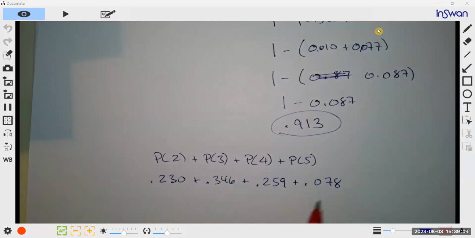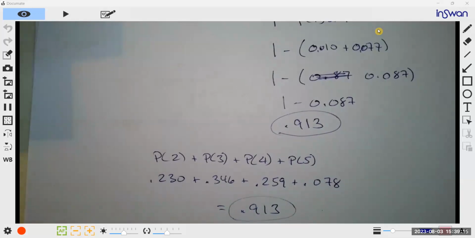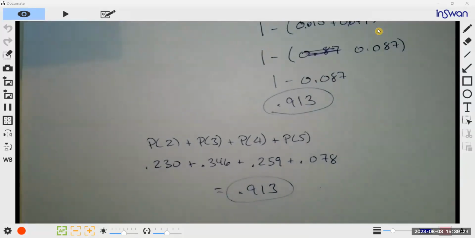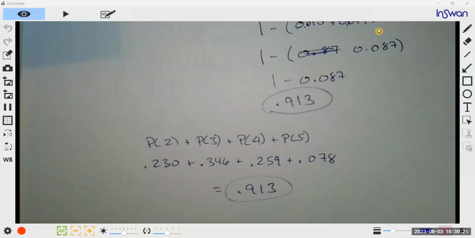If we add up all those together, we get 0.913. And yeah, I'll send you guys a copy of that table.